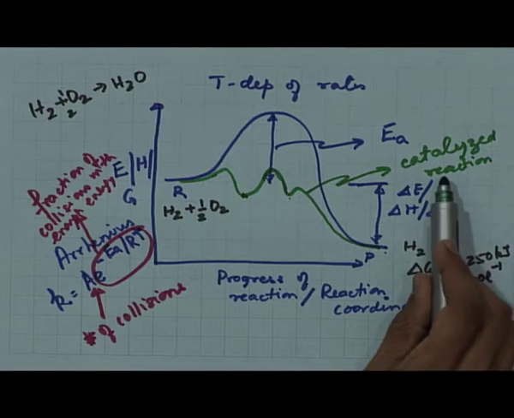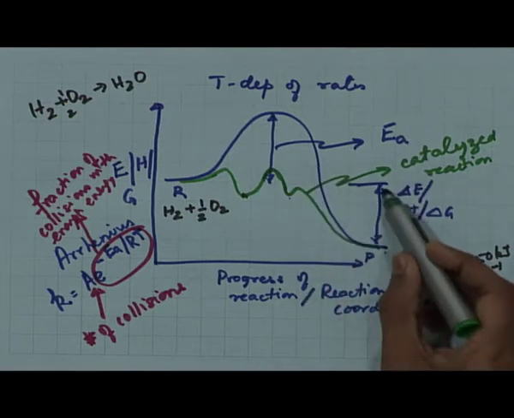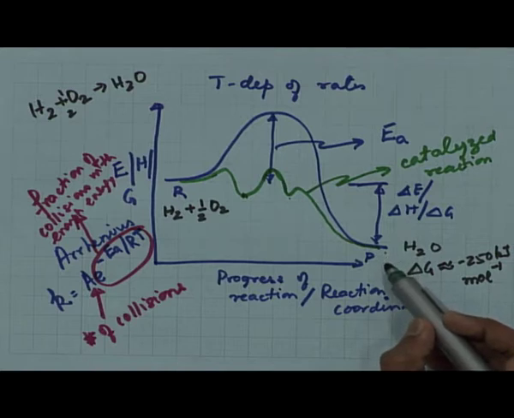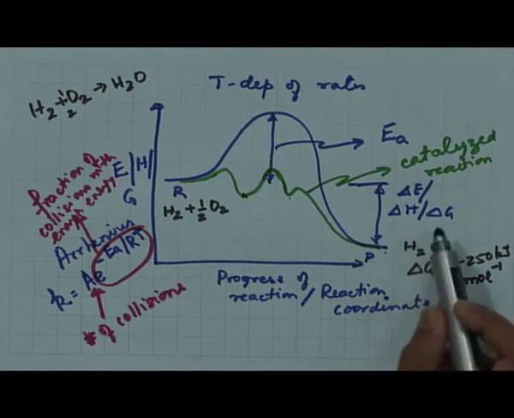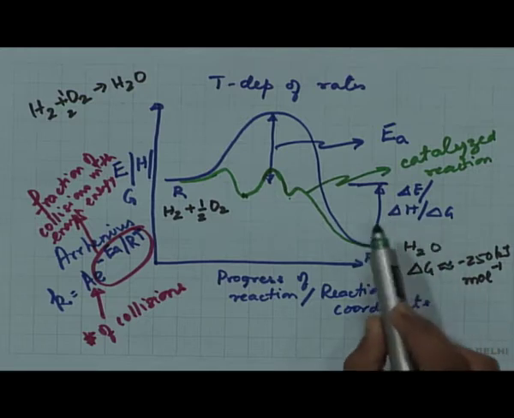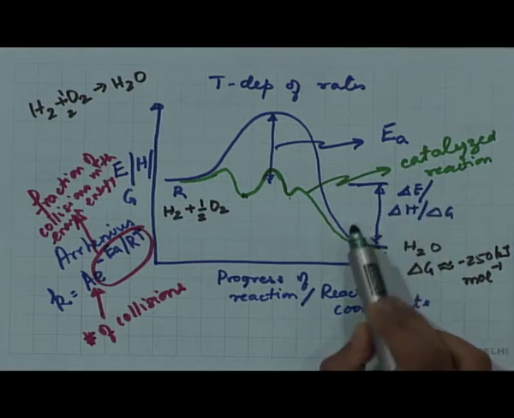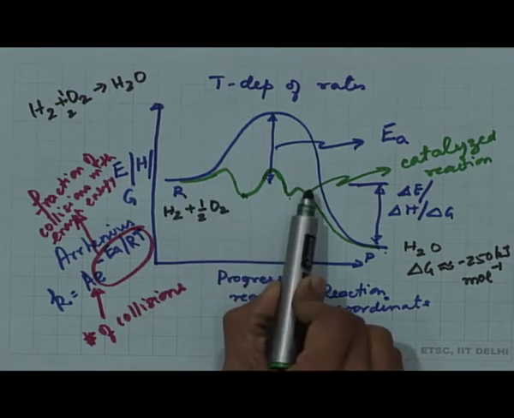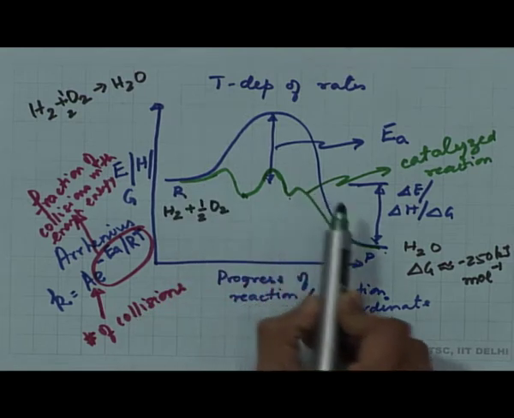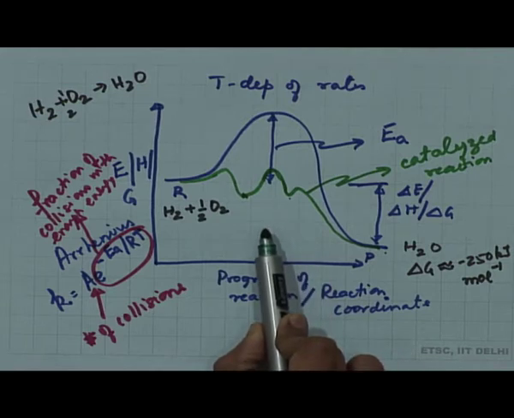So, for the catalyzed reaction as well as for the uncatalyzed reaction, the Gibbs energy change is the same, which means that the equilibrium constant, product over reactant, is the same no matter whether you put a catalyst or you do not have a catalyst, which means that the forward rate is affected exactly the same way as the reverse rate.